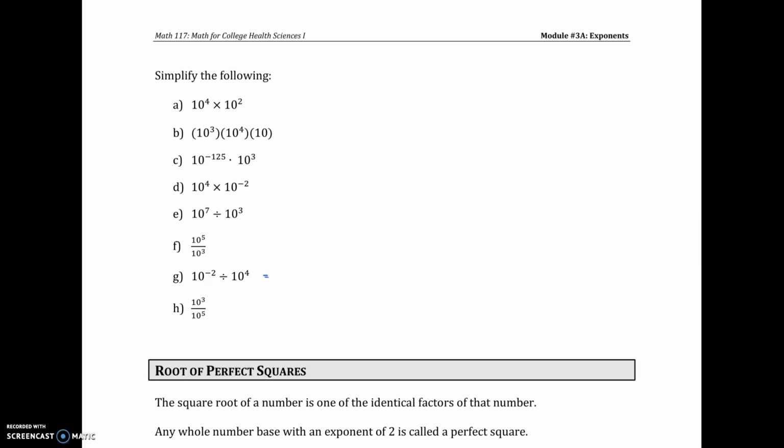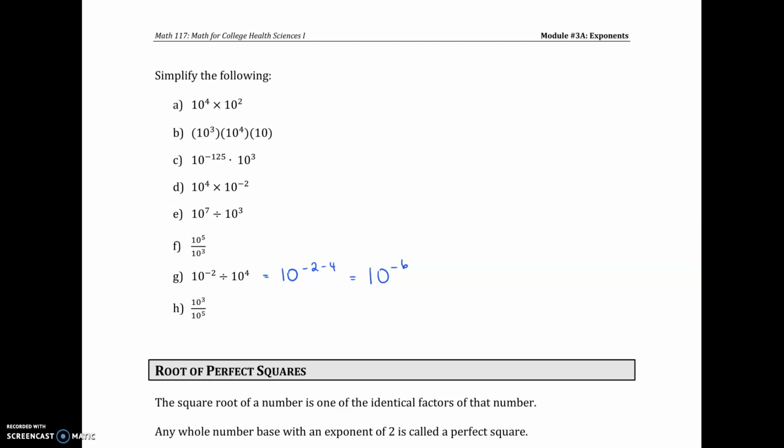So we talked about the fact that when you have division, you subtract the exponents. So I'm going to have 10 to the negative 2 minus 4. And remember, when you're working with integers, how this proceeds along the number line. So you're at negative 2 and you go further negative 4 on the number line, so you're at 10 to the negative 6.